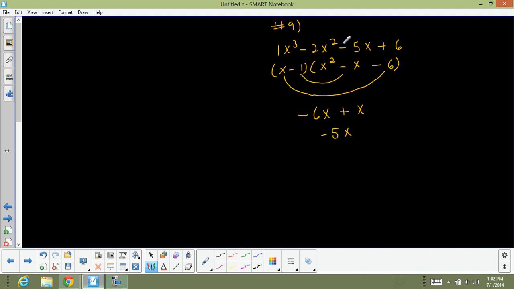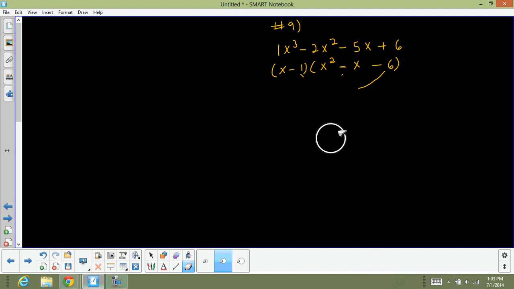Now, the question is, do I end up with a minus 2x squared? Well, if you take a look at what's going to happen in terms of x squared, of course, this last pairing right here with the first term in the second factor gives me a minus x squared.